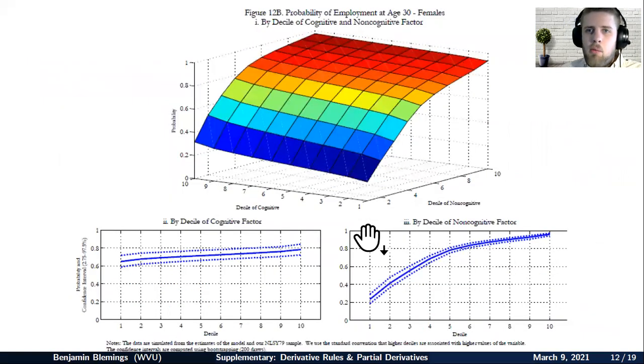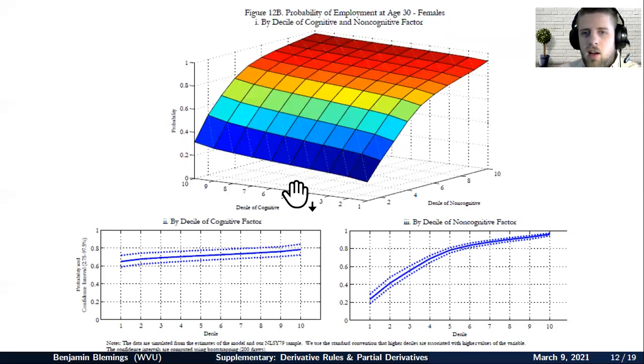And so here's just one more example. This is a probability of employment at age 30 for females, and we can see that it doesn't matter very much for females if they become more cognitively gifted, in terms of how it affects their employment at age 30. See, it's pretty flat as you go along the cognitive axis, and you can see that in this graph.